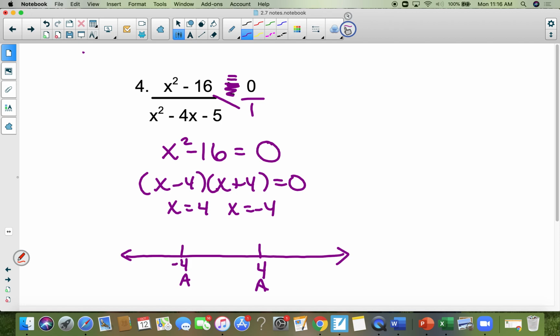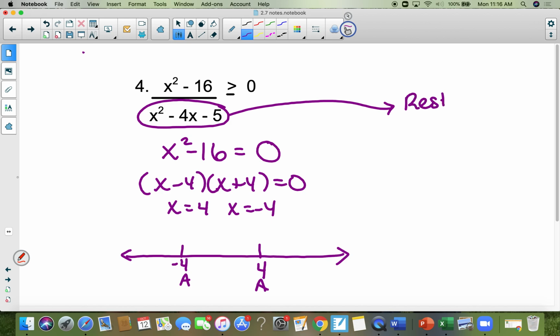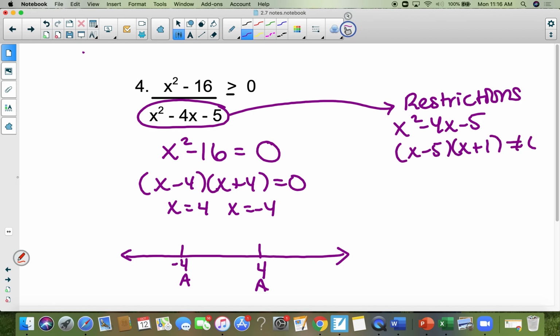Okay, we're going to erase the equal sign. Again, whenever you have a fraction, you have to take the denominator and come over here, and these are your restrictions. We don't just have one restriction like we did in the last problem. We're going to have two, because it's an x squared. x minus 5, x plus 1 cannot equal 0, so x can't equal 5, x can't equal a negative 1.